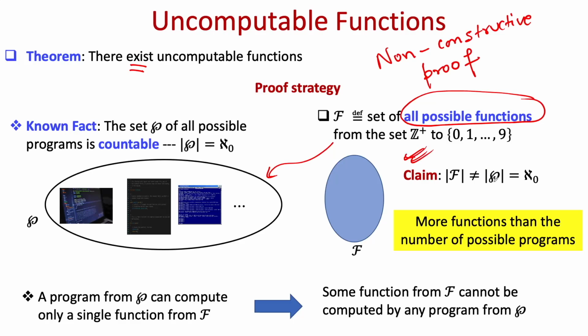That means you have more functions than the number of programs which you can write in a programming language, and since each program can give you the output of only a single function from the set of all possible functions, you have more functions than the number of programs, and hence there are some functions for which you don't have a corresponding matching program, and that's why you do have uncomputable functions existing, right?